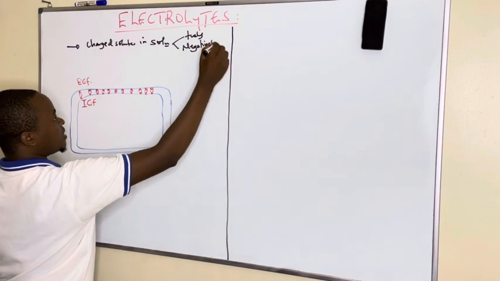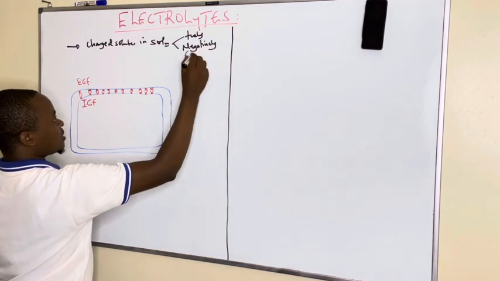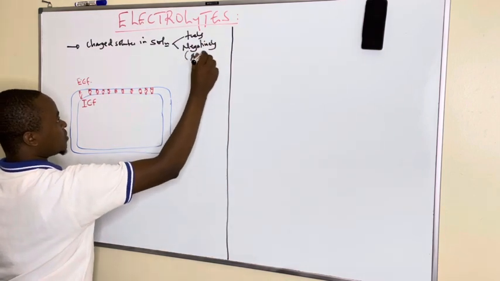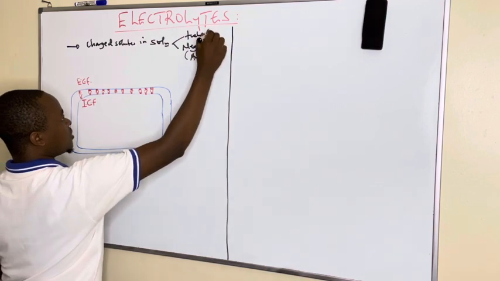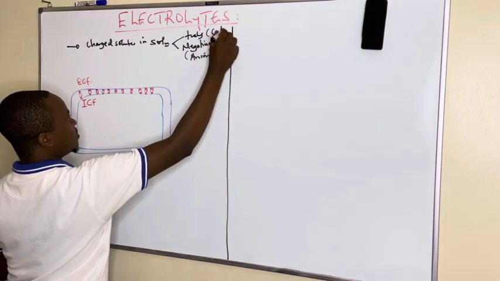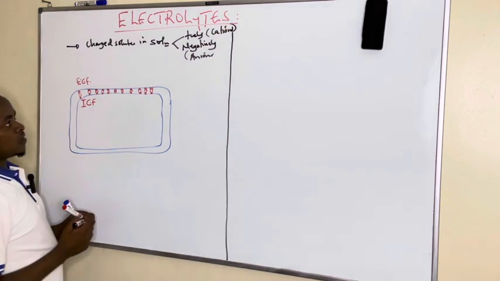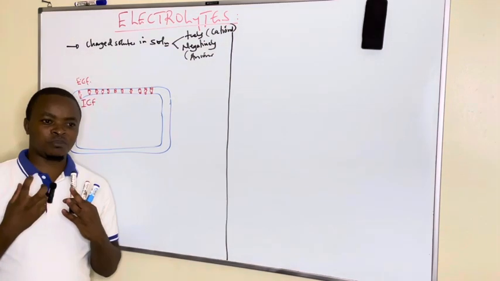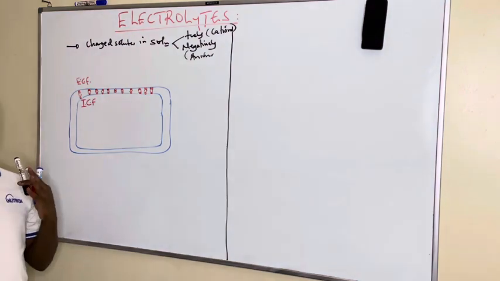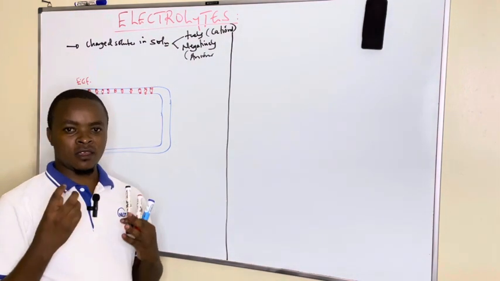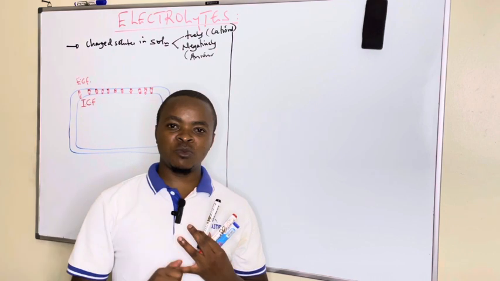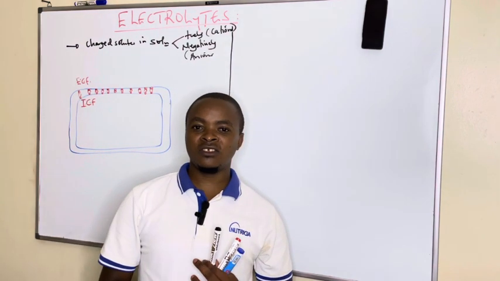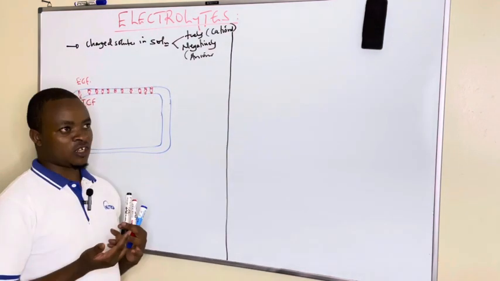Those which are negatively charged are known as anions. Those which are positively charged are known as cations. So electrolytes are charged particles in a solution, and they can be either positively or negatively charged.